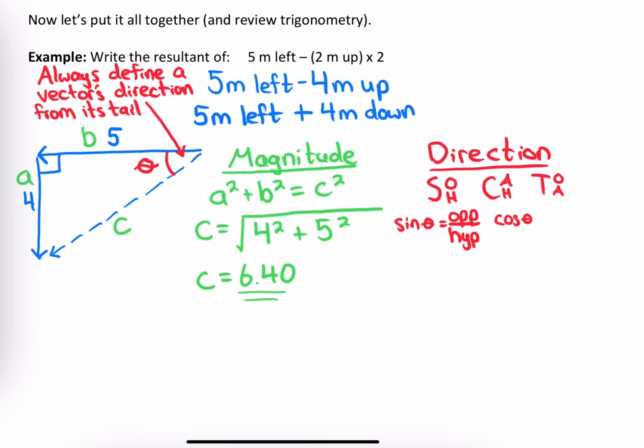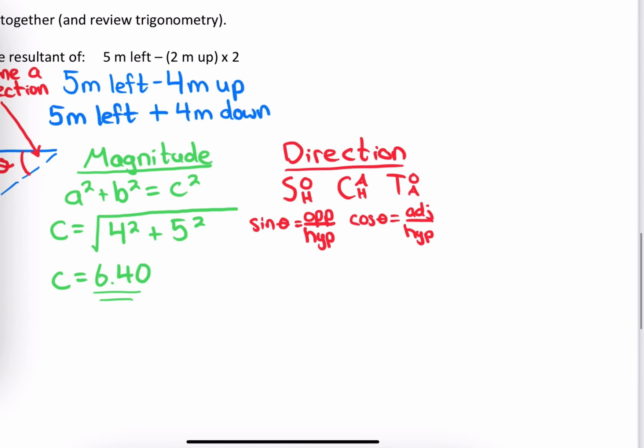Cosine of theta equals the adjacent side divided by the hypotenuse. And tan of theta equals opposite side over adjacent side, right? Sine is opposite over hypotenuse. S is O over H.